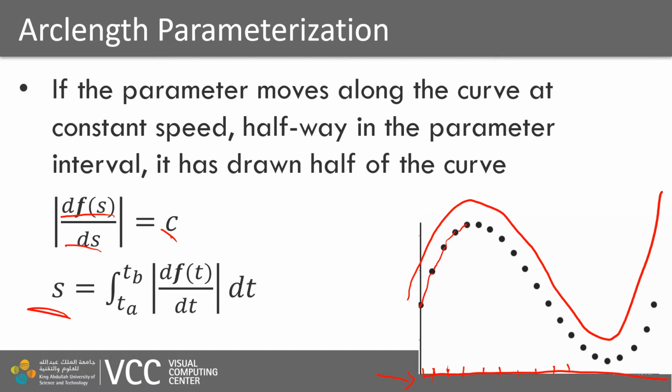And so how do we compute this arc length parameterization? We can express it analytically as an integral of infinitely small line segments on the function. It is defined on a certain interval of the parameter t between the points ta and tb.